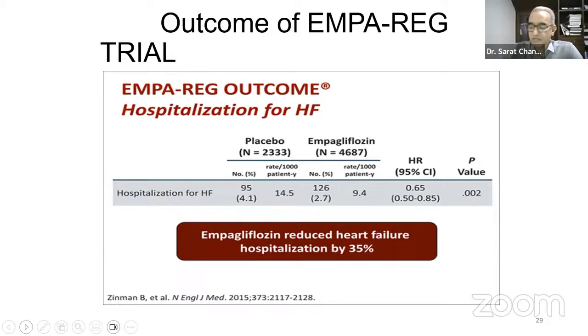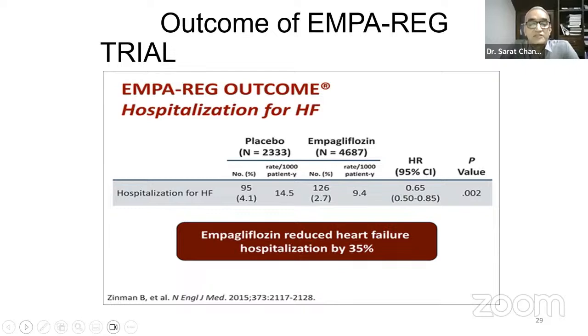And so everybody has been asked, if you are bringing a molecule, you demonstrate cardiovascular safety. So when this SGLT2 inhibitor came into the picture, they said, let's do an EMPA-REG trial to show that it is safe in relation to cardiovascular endpoints. But what happened was, when they looked at the data, it is not only safe, it is actually very, very beneficial.